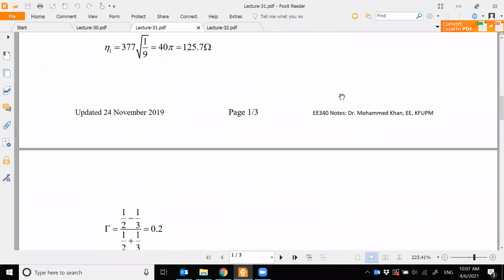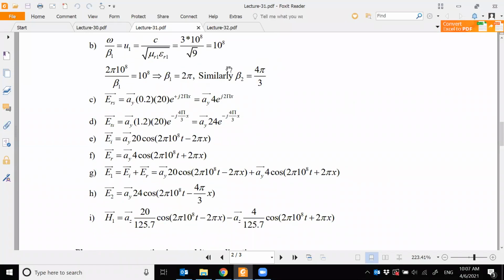So our reflected field will be AY times the reflection coefficient, which is 0.2, times the incident field amplitude, which is 20, e power plus j beta 1 x. It is plus j because it is the reflected field, so it is traveling in the minus x direction. Beta 1, which we already calculated, is 2 pi, so this equals AY 4 e power j 2 pi x. This is the reflected field.